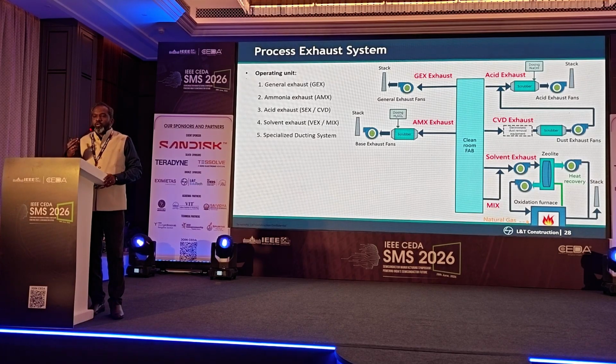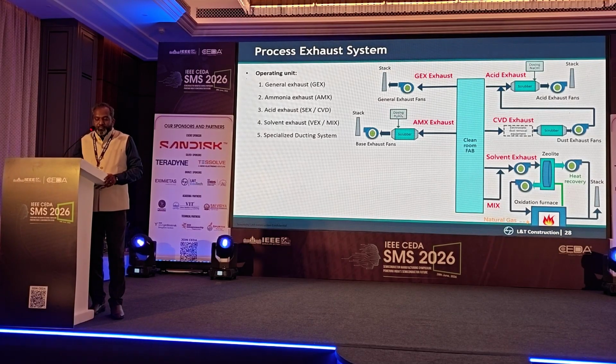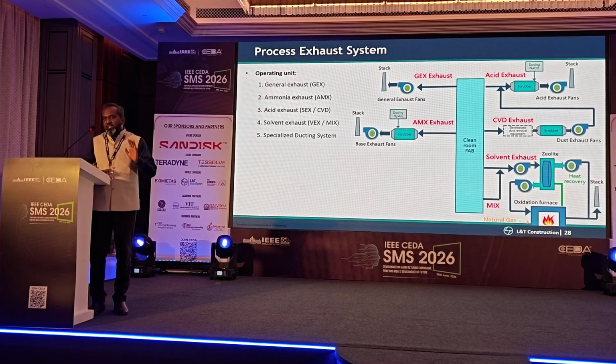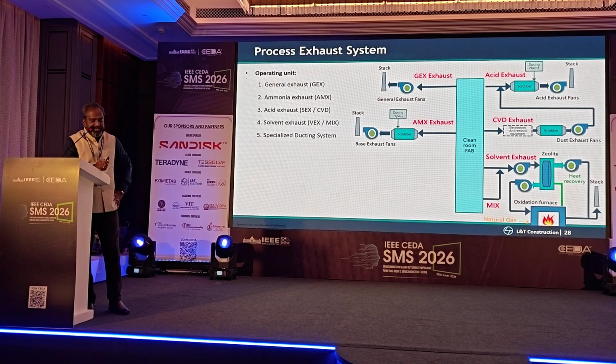These solvents need to be burnt before we exhaust them. So we would have natural gas burning this before we exhaust, because we cannot afford to exhaust it as such. There is CVD exhaust, where the toxic dust needs to be filtered and then exhausted. So these are the typical process exhausts.